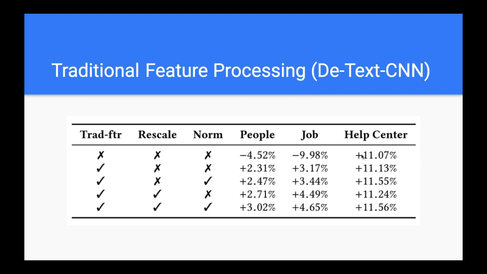And the interesting thing is, even if you don't use traditional features in the help center category, it improves a lot. So this just tells us the help center is kind of a semantic-heavy search vertical. Traditional features are just not important, but in people and job search, which require entity linking, traditional features become very important.